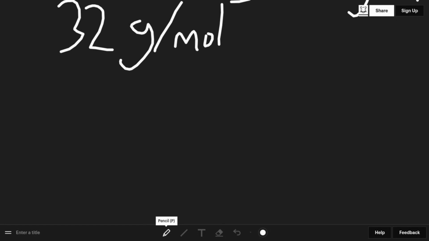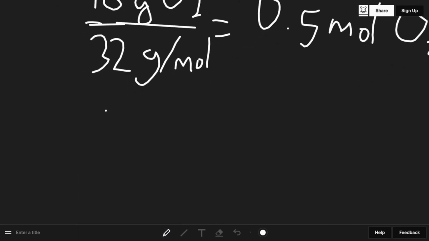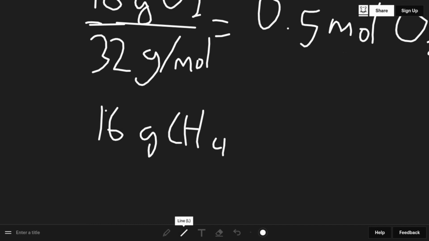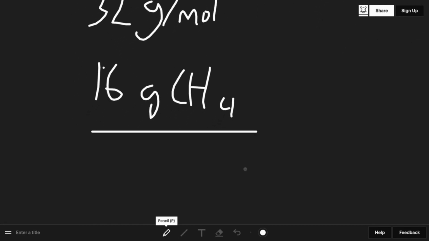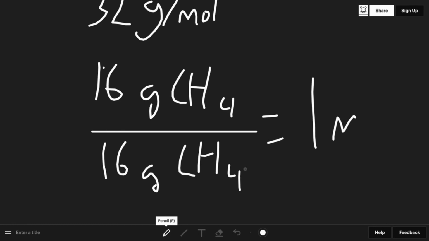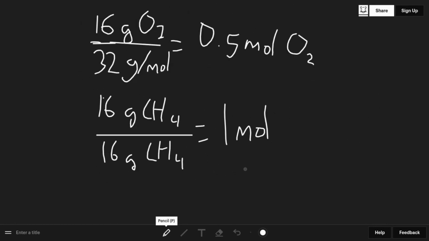There were 16 grams of methane, and methane, CH4, has a molar mass of 16 grams per mole. So we get 1 mole of methane.